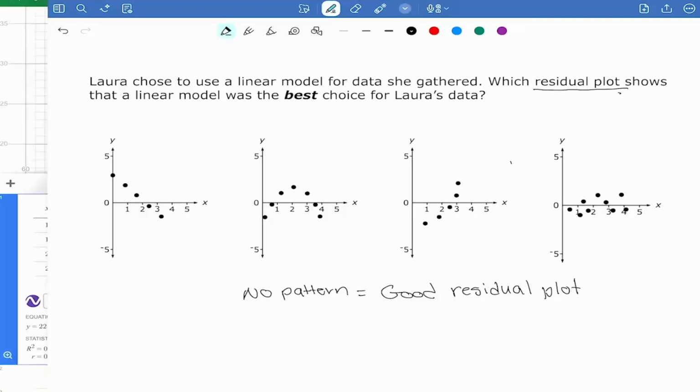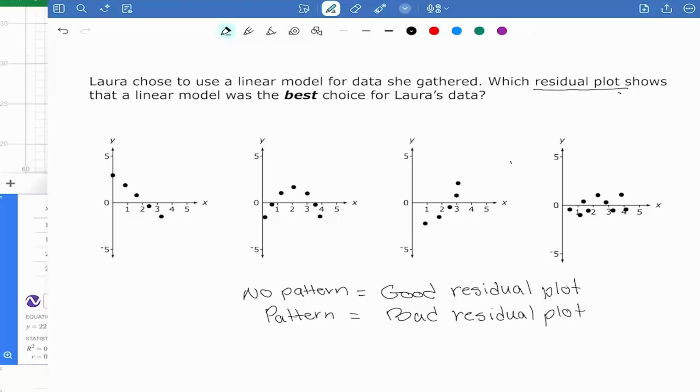If we see a pattern, that equals a bad residual plot. So we're going to look at the 4 plots that we have, and we're going to determine if those plots that are given show a pattern. If it shows a pattern, then that's bad residual. If it's no pattern at all, that's good. That's the one we need.